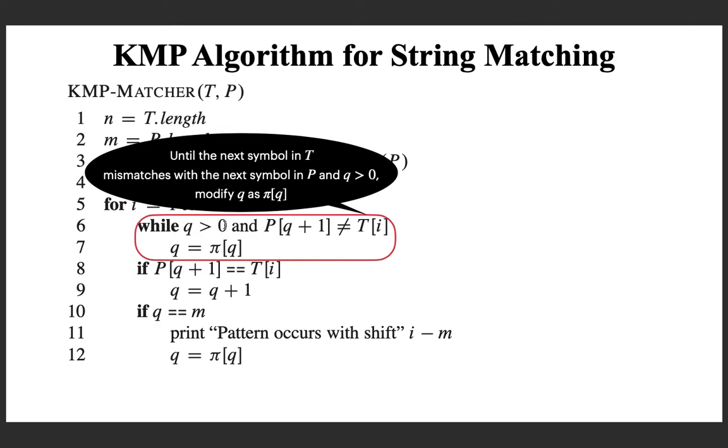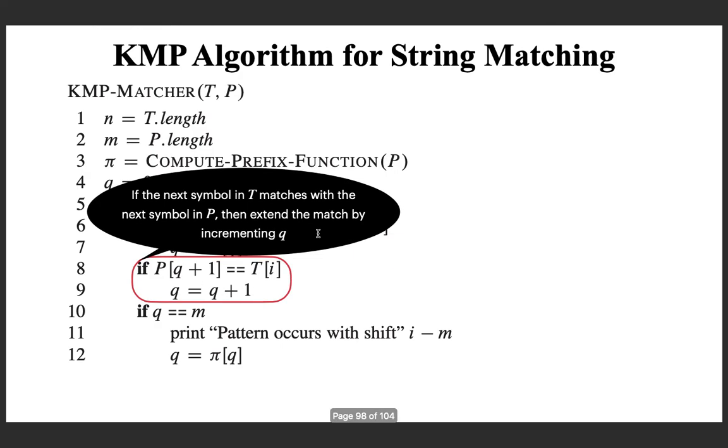And until the prefix length is greater than 0 and a mismatch occurs, this is what we need to do, which we observed from the computation of the value of pi q for all q. That is, if a mismatch occurs, this is how you have to update. Okay, you have to thus find a matching prefix. The highest possibility may not be giving you a prefix, you have to repeat until you get a match.